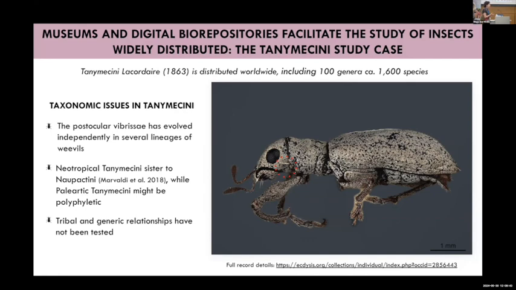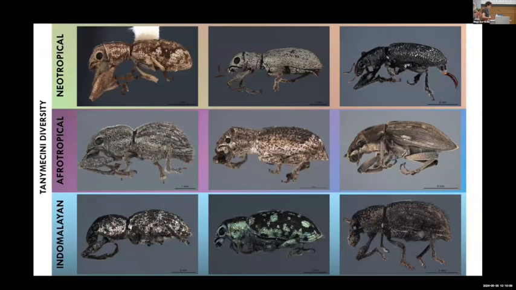But for the phylogenomic studies, including Tanymecini from the Palearctic regions and the Indo-Malayan regions, it seems that they are everywhere. So the phylogenetics of this group is messy. And there are other tribes that look really similar to Tanymecini, but the relationships haven't been tested. So again, this is a worldwide tribe. It's everywhere.